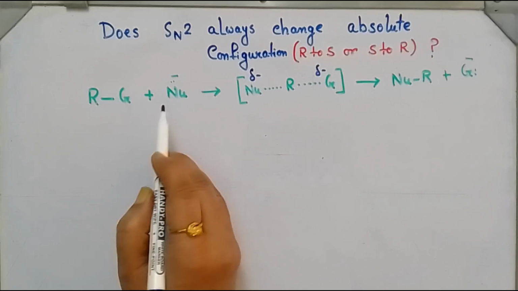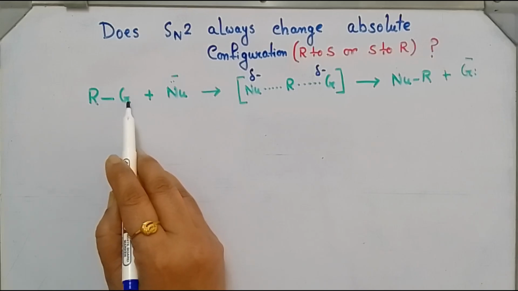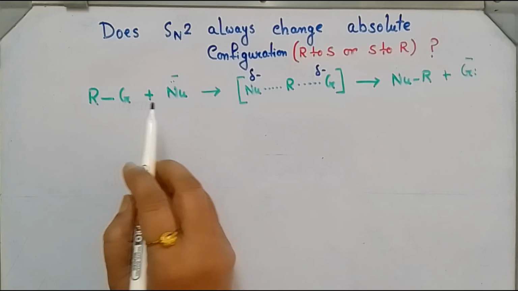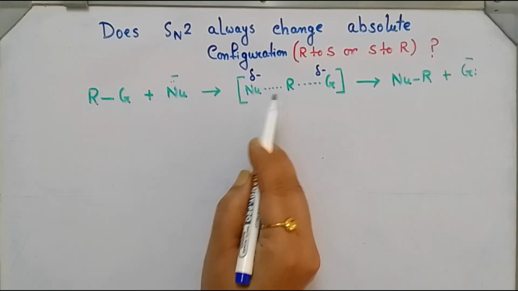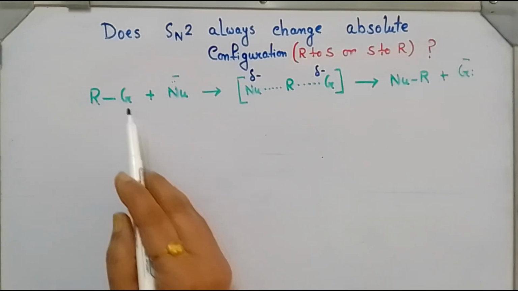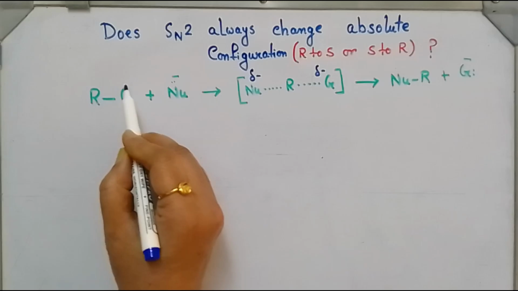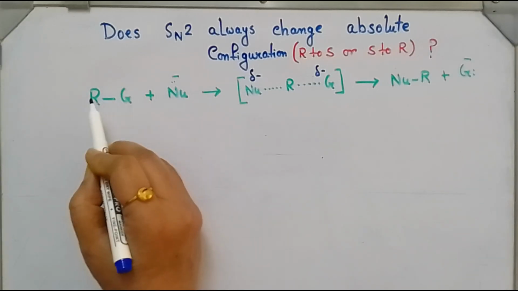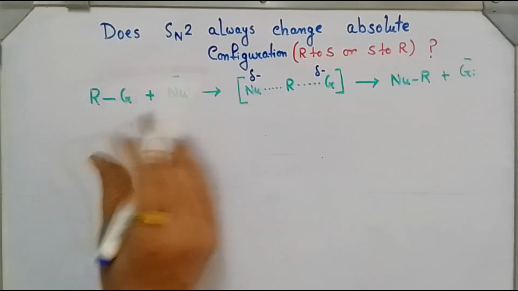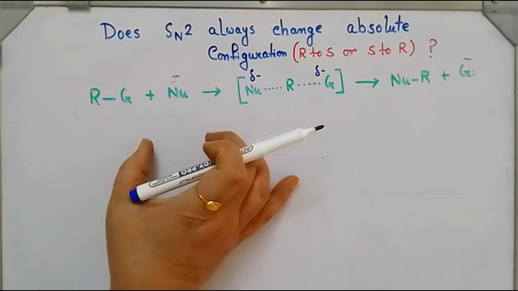In an SN2 reaction, bond breaking between the leaving group and the carbon atom, and bond making between the carbon atom and the incoming nucleophile, take place simultaneously. Means this bond breaking and this bond formation between the attacking nucleophile and this R take place simultaneously. It is a concerted process.